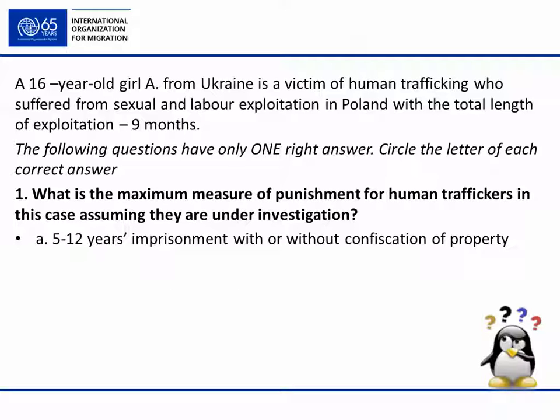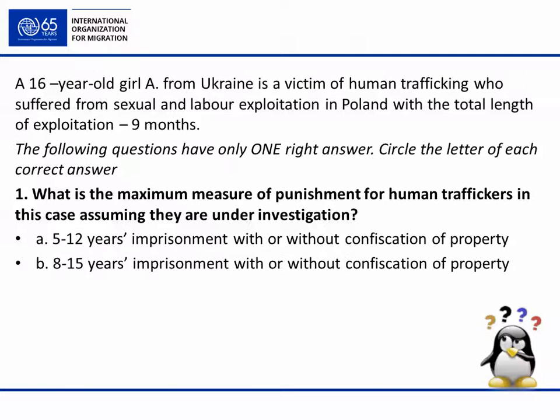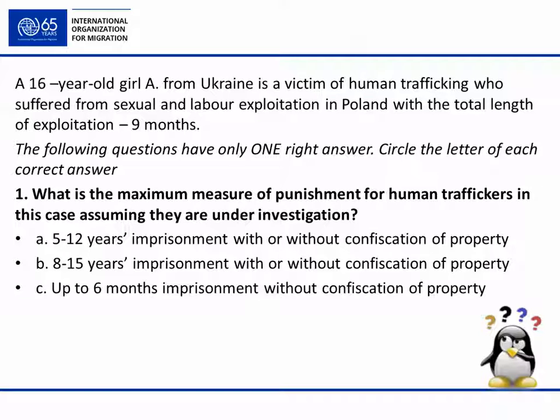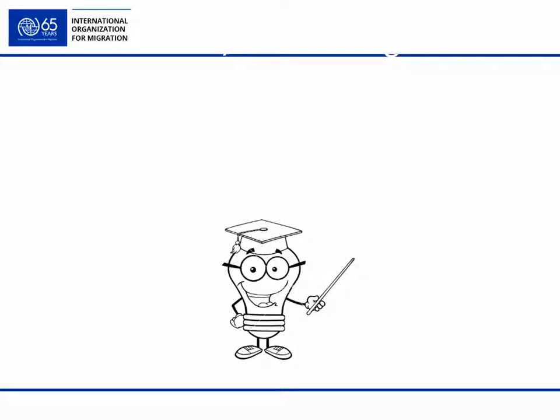12 years imprisonment with or without confiscation of property. 15 years imprisonment with or without confiscation of property. Up to 6 months imprisonment without confiscation of property. I do not know. Well, sorry, let's go back.